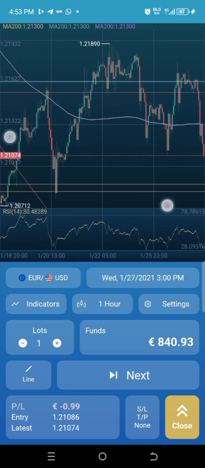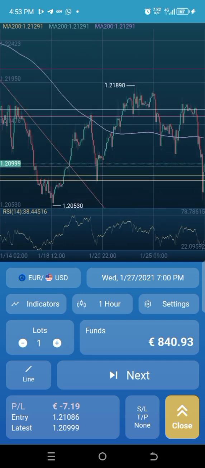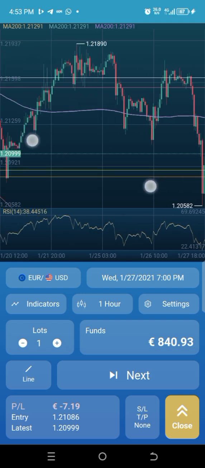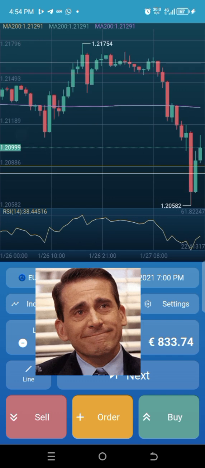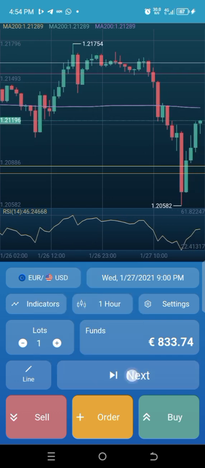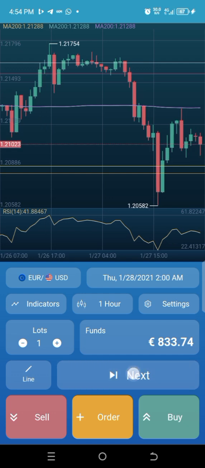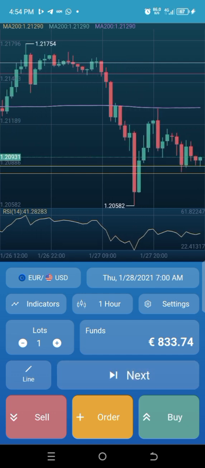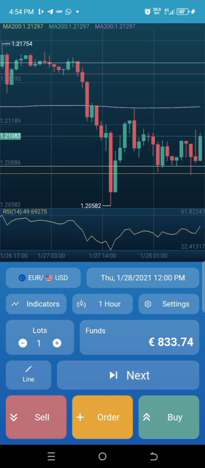Okay. Price has actually closed below this stop loss, so let me get out as well. One more trade. Not yet. Yes.